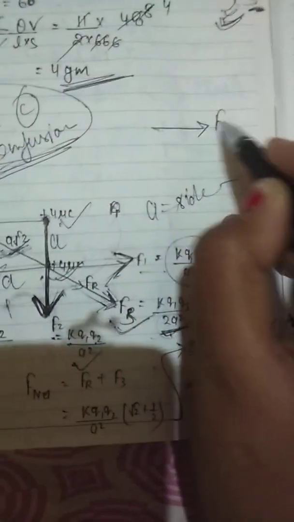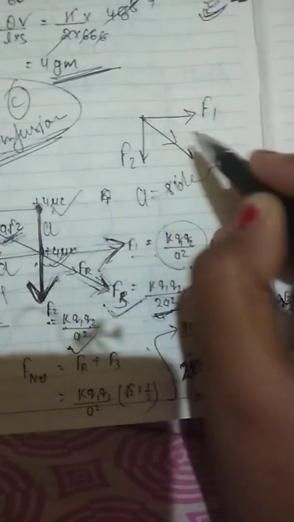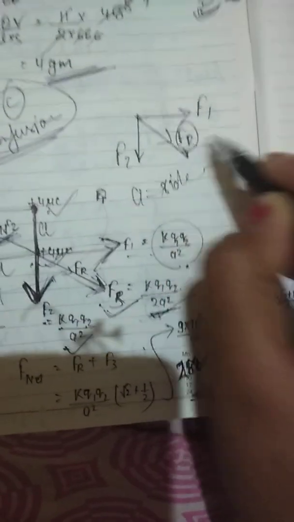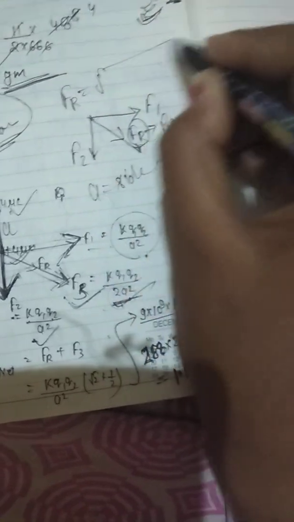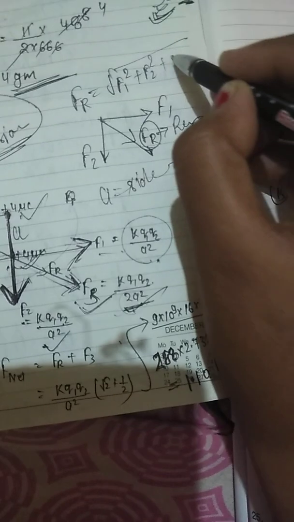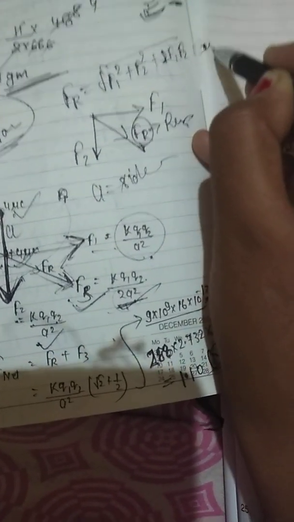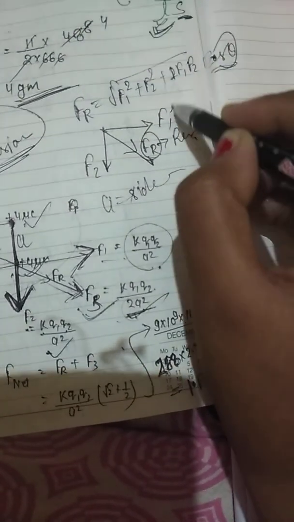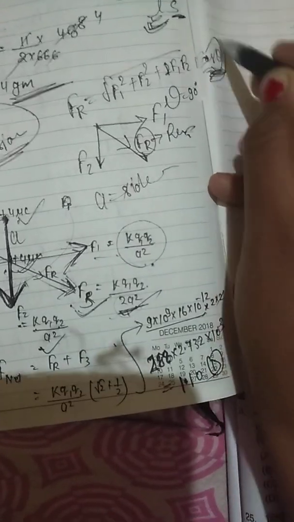Now just see F1 and F2, F1 here and F2. So how will it act? For this we will get FR, which is the resultant, and we know for the vector resultant we use FR is equal to under root F1 square plus F2 square plus 2 F1 F2 cos theta. But theta is what? 90 degree. So by putting theta is equal to 90 degree, cos theta will become 0.